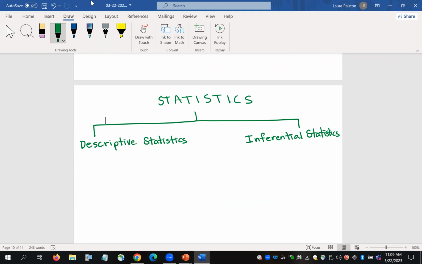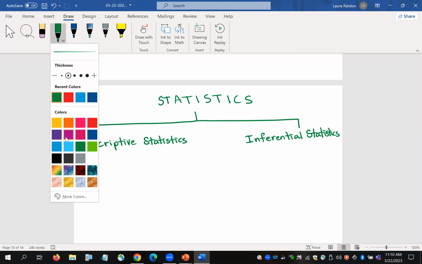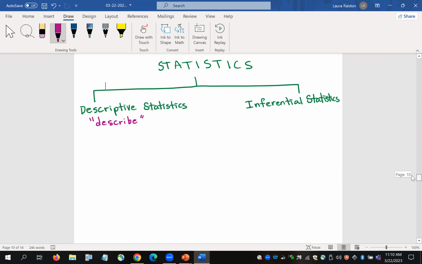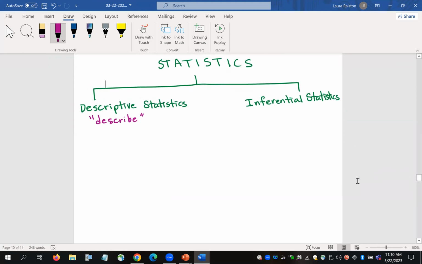In the world of descriptive statistics, the word descriptive is the adjective form of the word describe. So in that area, we are simply describing the data set.